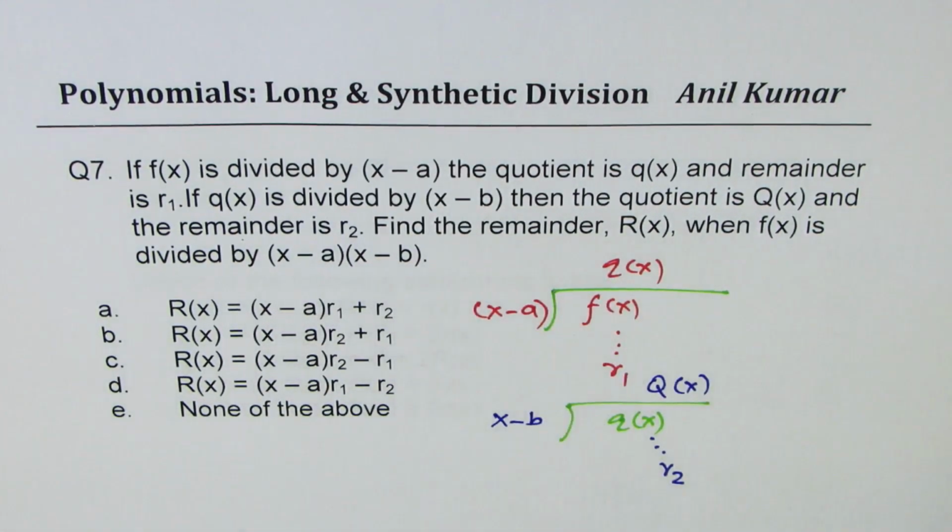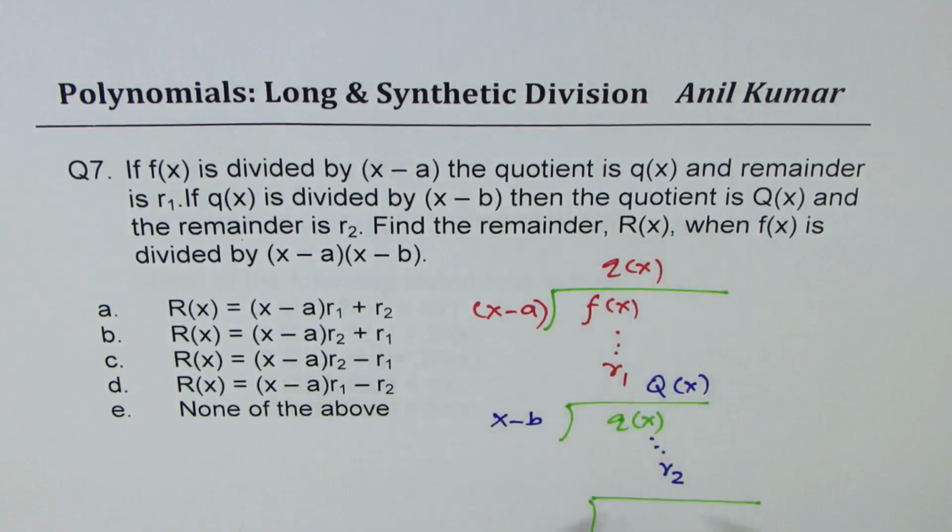Find the remainder capital R(x), that means the remainder capital R(x) when the function f(x) is divided by x minus a times x minus b. Do you get it?